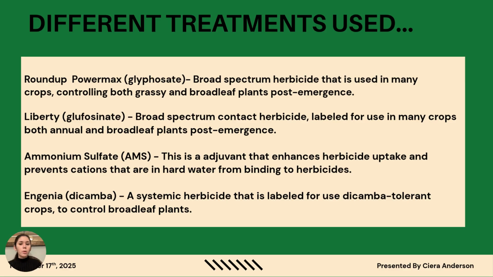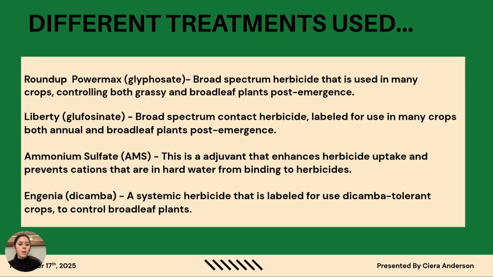Liberty or glufosinate is a broad spectrum contact herbicide, which means it must come in contact or touch the plant's leaves, stems, or other part to be effective. It is labeled to be used in many crops, both annual and broadleaf plants, also post emergent.